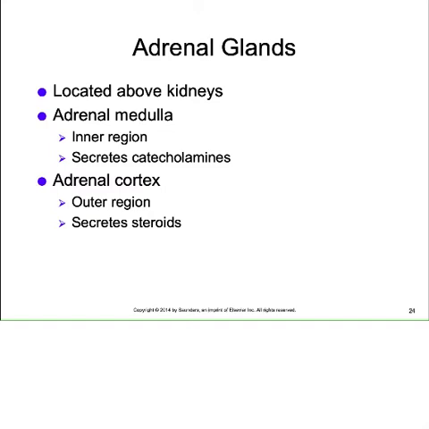Okay, the glomerulosa produces aldosterone, which promotes potassium secretion and sodium retention, and also increases blood volume and blood pressure. The fasciculata produces cortisone and cortisol, which raise blood glucose levels and suppress inflammation.